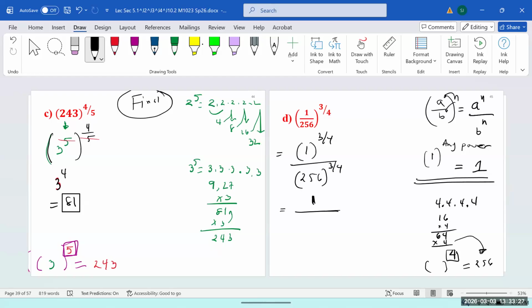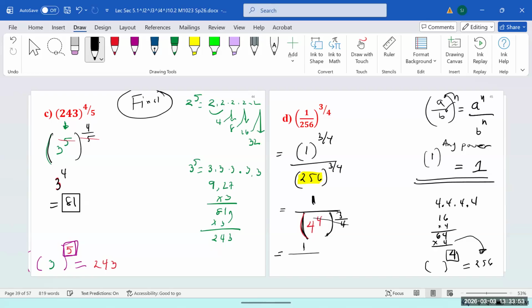So you rewrite your denominator 256 as 4 to the 4 power, but you keep your outside power the same, 3 to the 4. And then what happens? Cancel out the 4.